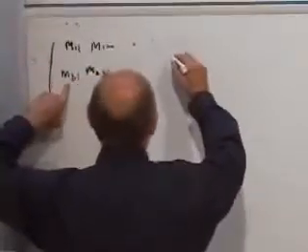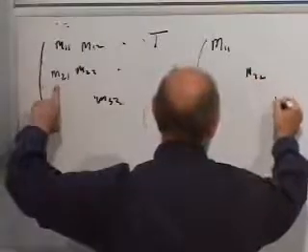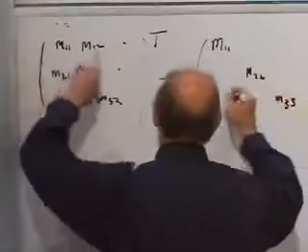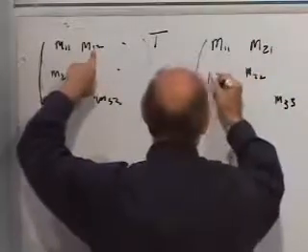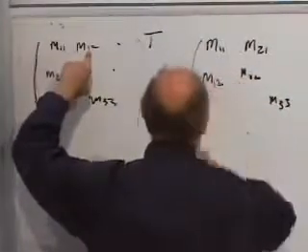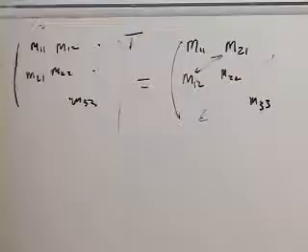The way to write that, the transpose, is just written by putting a T up here, and the diagonal elements are unchanged, but the off-diagonal elements, M12 becomes M21, they just interchange. And likewise over here and so forth. Okay, that's called the transpose.